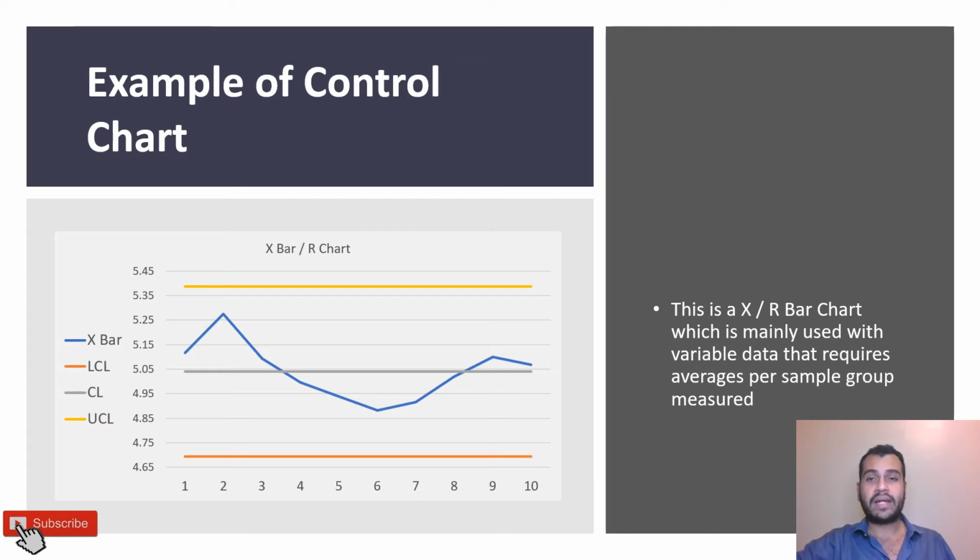So the blue line running in the middle, which is right about here, is derived from various means which are retrieved from the data itself. Okay, so this is that particular line. And this chart is mainly used with variable data. Now, this line here is the upper control limit, and this line here is the lower control limit. And this line here is the center line, just to give you more information on what that is.